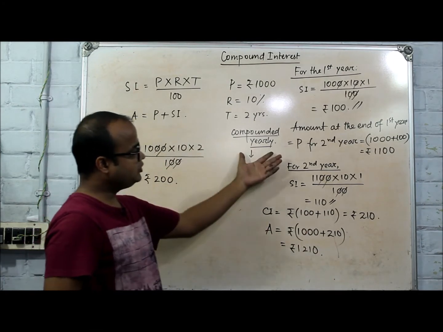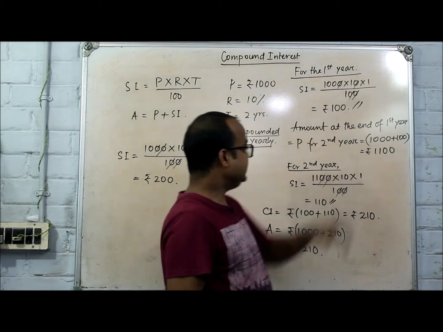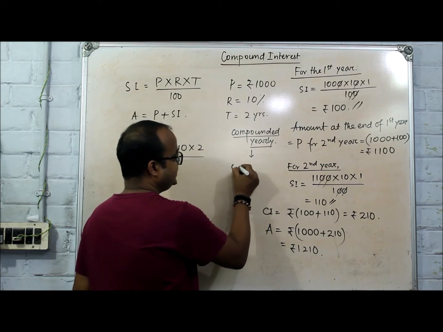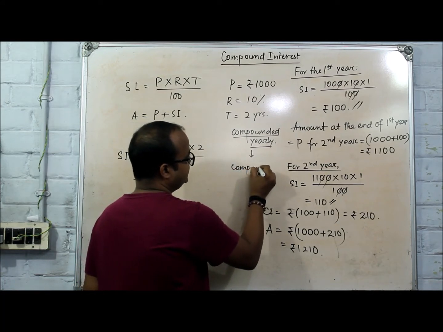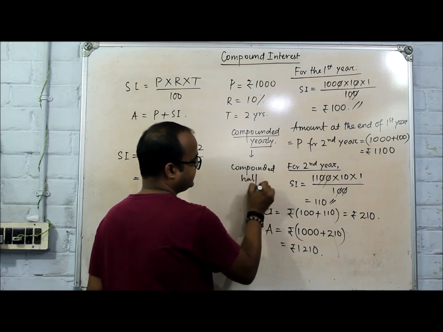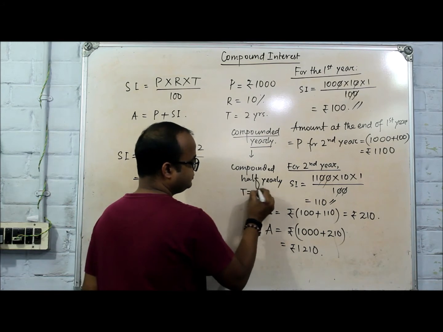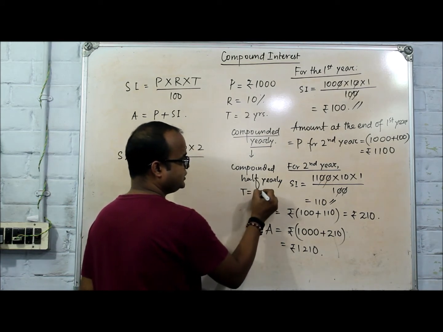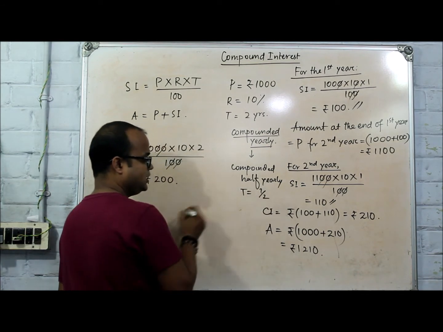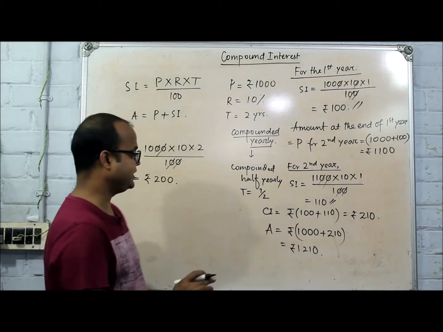Now if it is compounded yearly, we put T is equal to 1. If it is given as compounded half yearly, we substitute T is equal to 1 by 2, because in a year there are 2 half years, so 1 by 2.